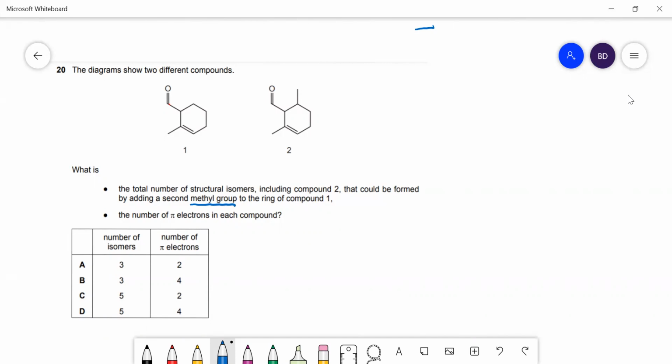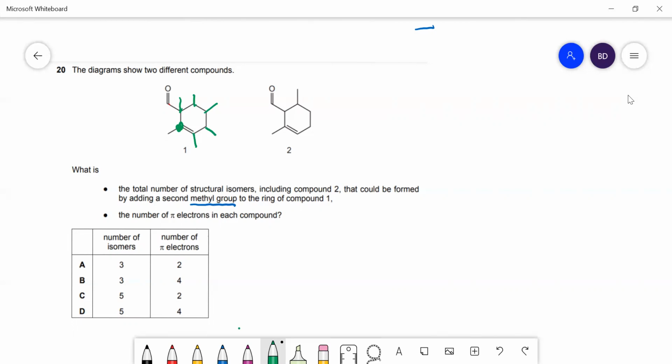Different color, it could go there. So that's 1. It could go there, 2, 3, 4, 5. It couldn't go on this one here because it's forming a double bond and 2 singles, so it's not enough. You can't stick it on there. So 5 is the answer here.